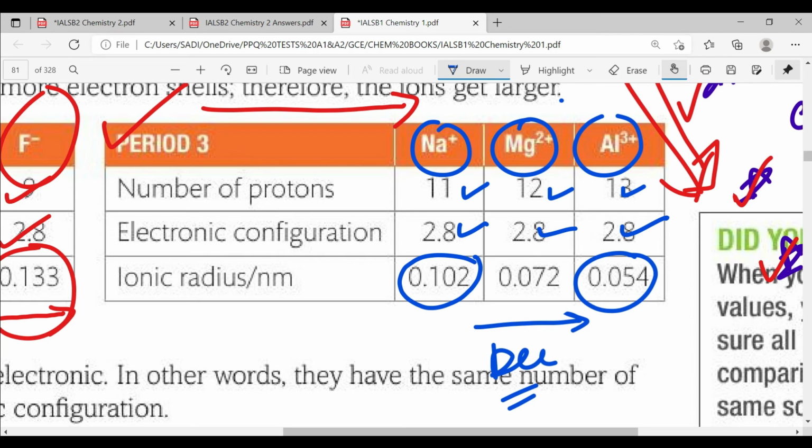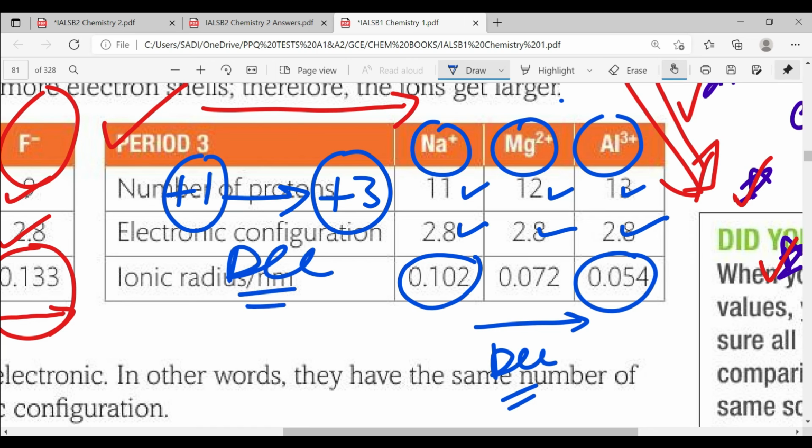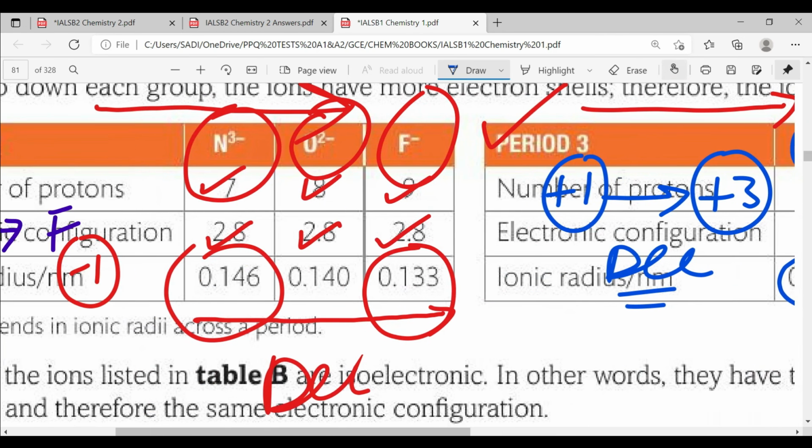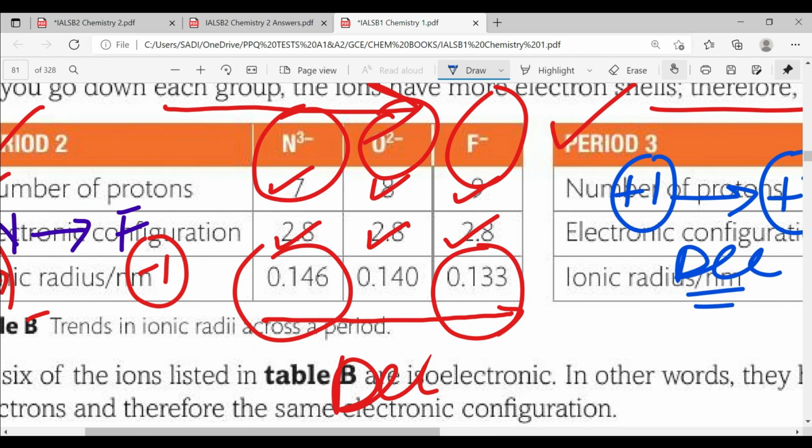So what is the conclusion? If you are moving in plus ions and you see that there is an increase in the charge on the ion, the radius will decrease. Okay? Are we clear? That's the conclusion part. And what about the negative ions? The negative ions is the reverse of that.